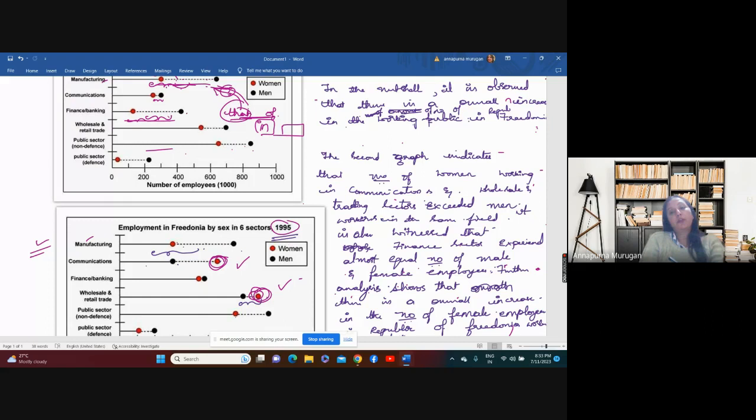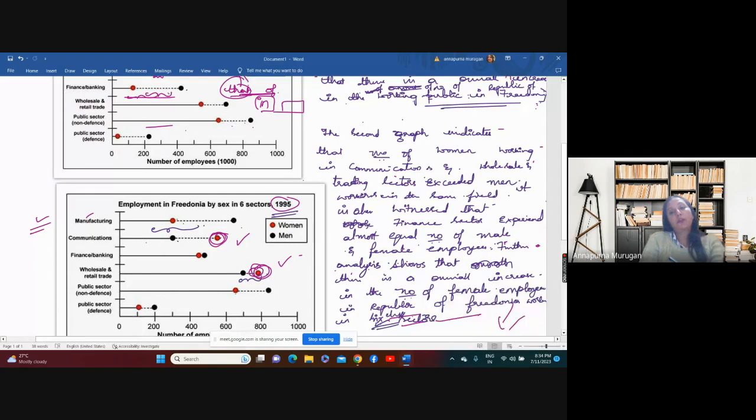Now I'll just read out for you guys. The second paragraph I wrote: the second graph indicates that the number of women working in communications and wholesale and trading sectors exceeded men workers in the same field. It is also witnessed that the finance sector experienced almost equal numbers of male and female employees.